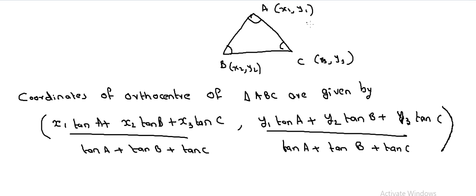So if we know the vertices and the angles, we can easily find the orthocenter of the triangle ABC.